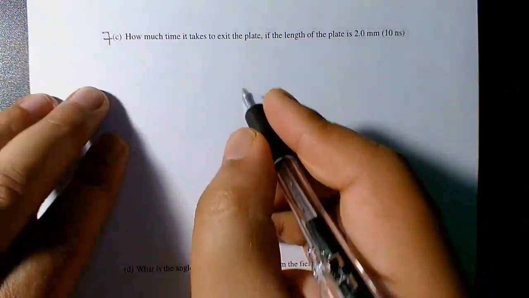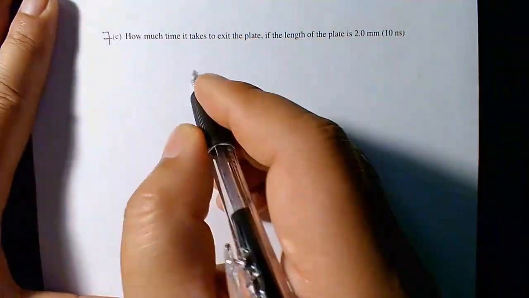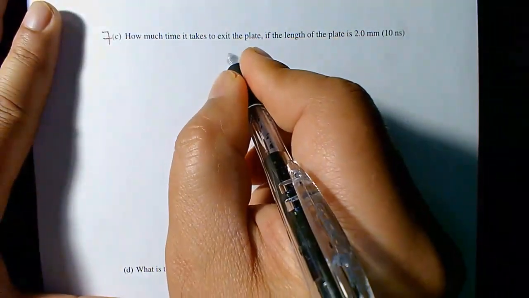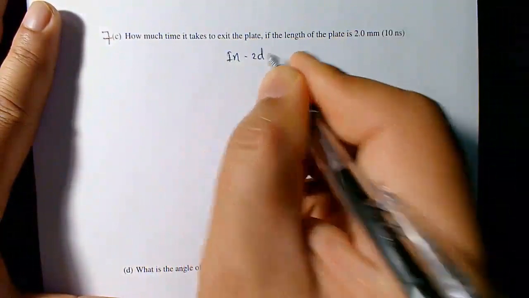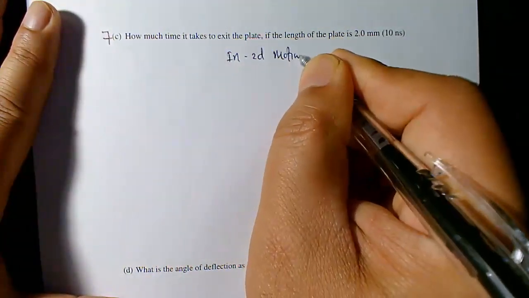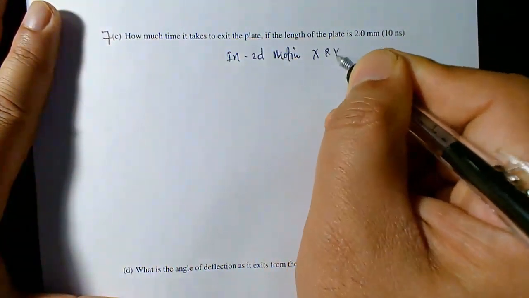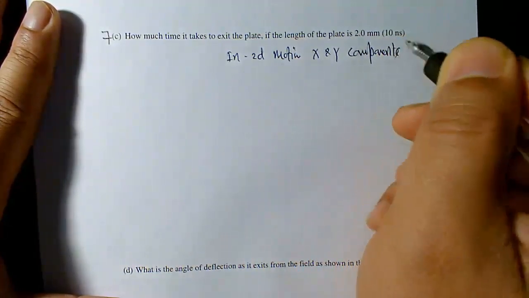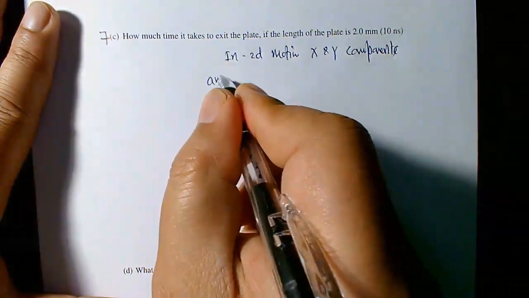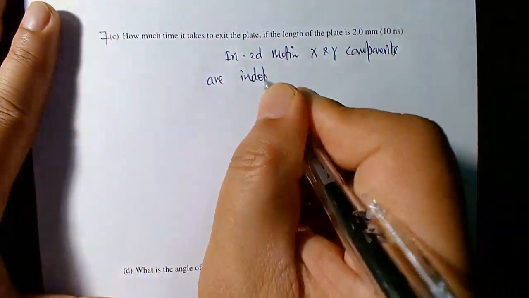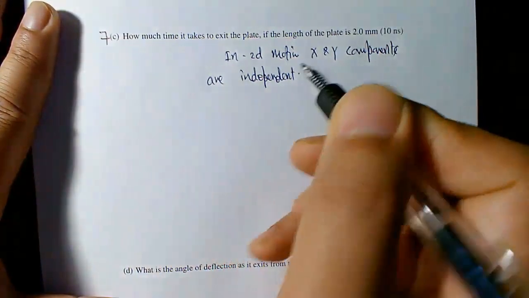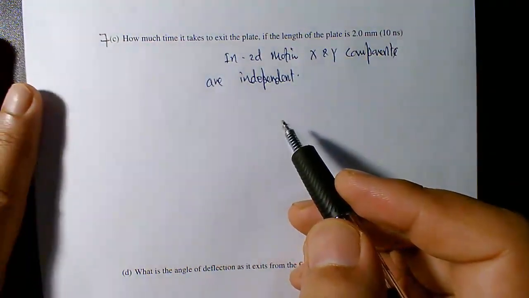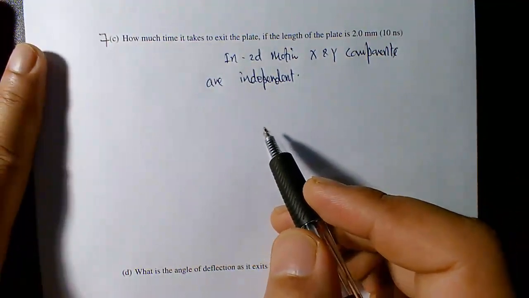Remember, x and y motions are completely independent in 2D motion, so you can treat the components independently. When you use x motion, completely ignore y. When you use y motion, completely ignore x.